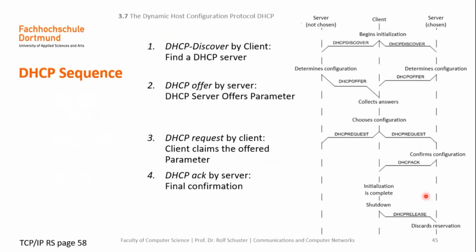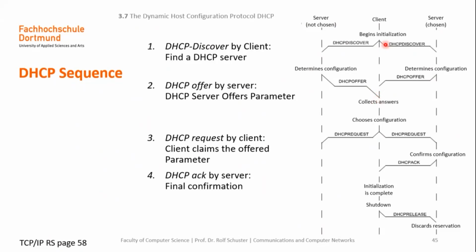Here we have another protocol exchange that shows, for instance, that when the client broadcasts a discover, more than one server could receive the DHCP discover, and both servers could answer the client with the offered parameters.